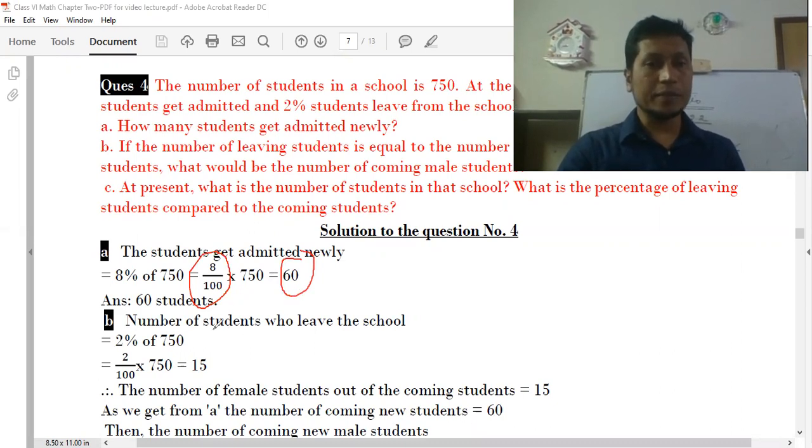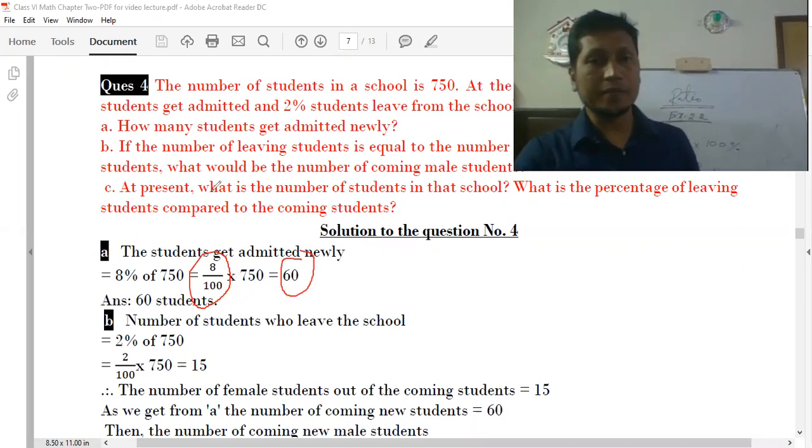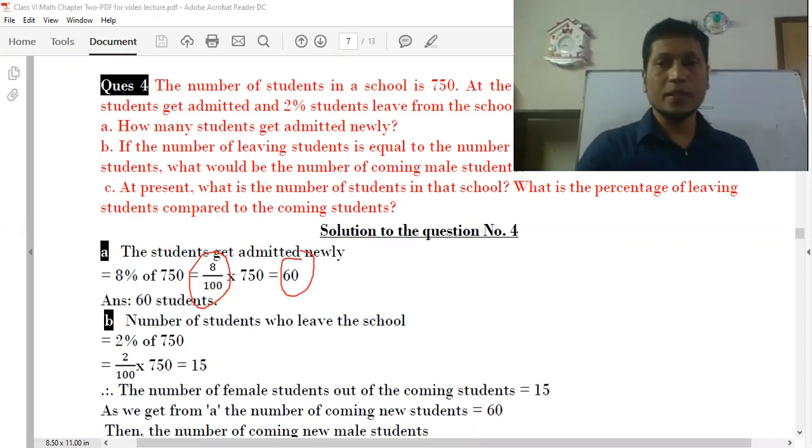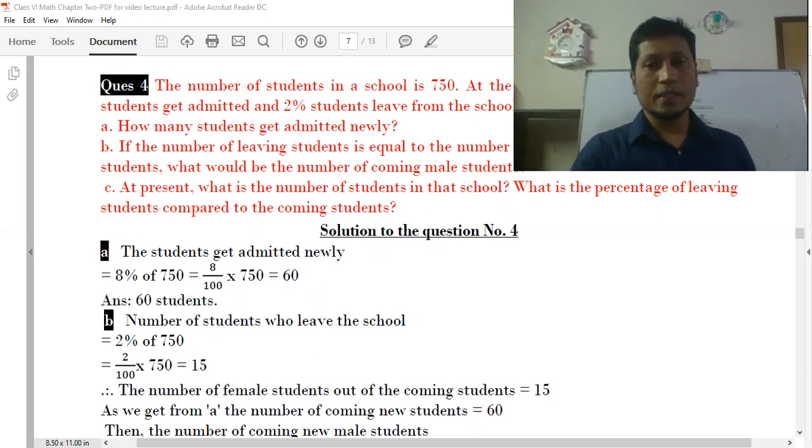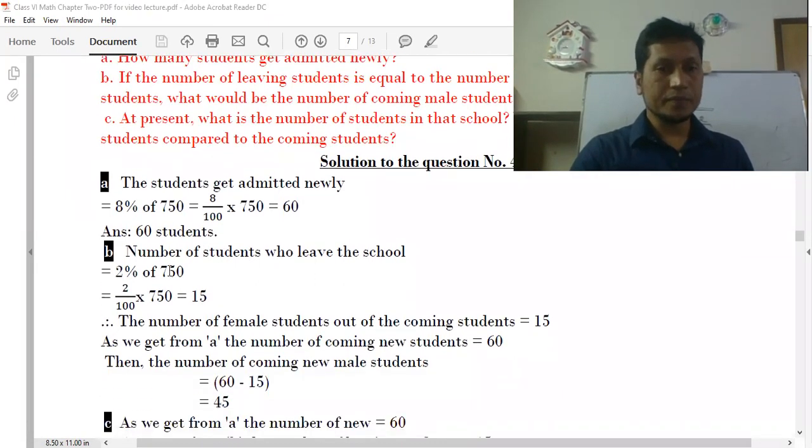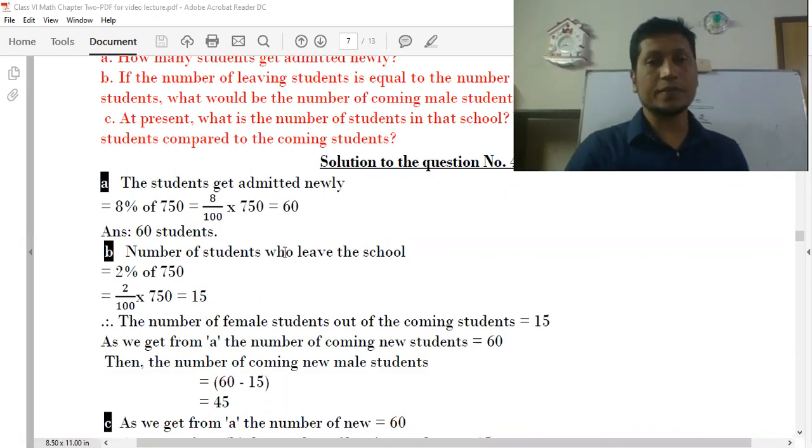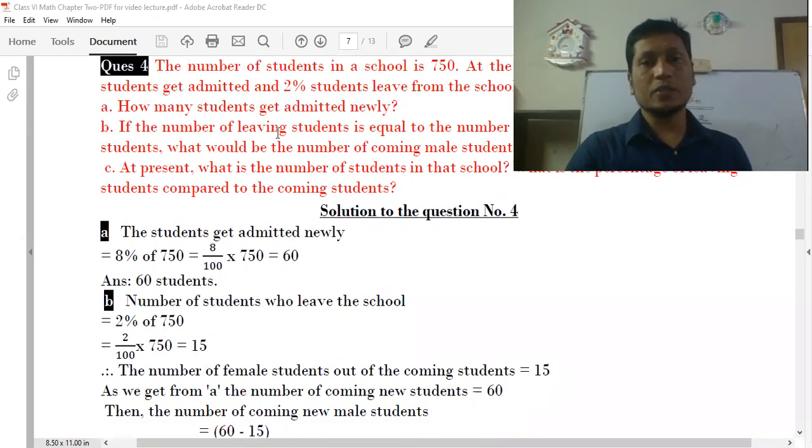Very easy. Part B says the number of leaving students is equal to the number of female students. So the number of students who left the school, first you have to find it. Okay. So the number of students who left will be 2% of 750, because the question says 2% students left the school.